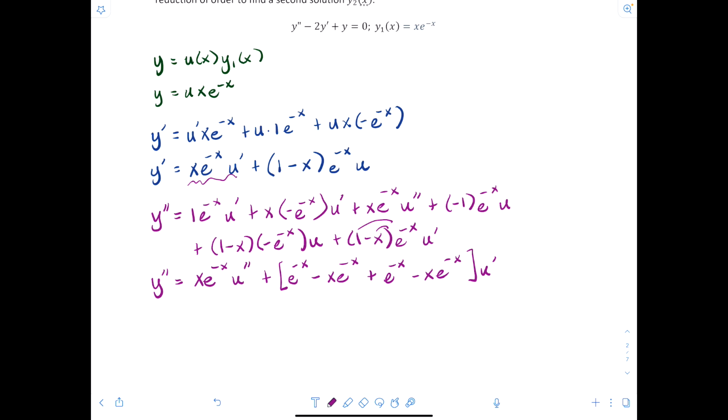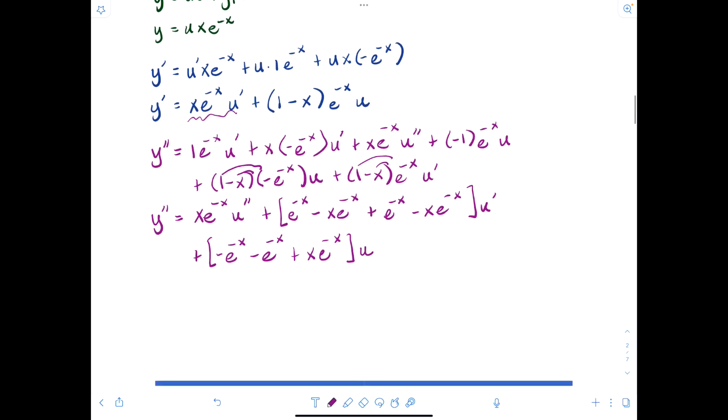And then working through in the same way with u, we will have negative e^(-x), distributing through, minus e^(-x) plus x e^(-x), times u. And then simplifying further, let's see what we have. So we have x e^(-x) times u.